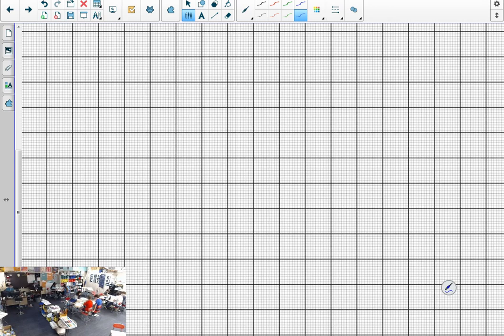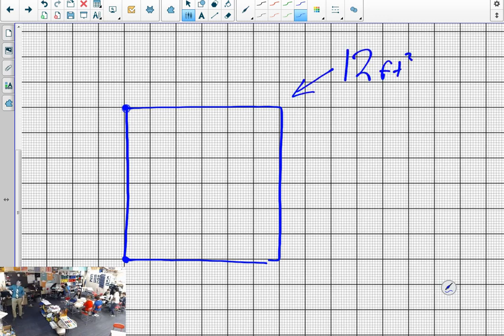How much is it back there? All right. So that means the inside is going to be 11 by 11.